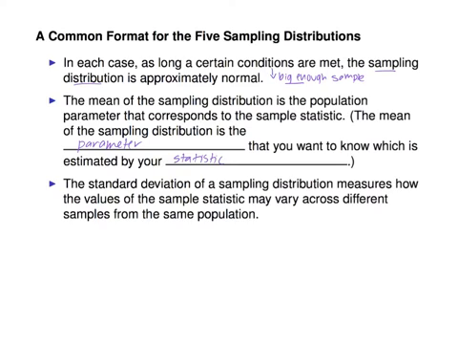And the standard deviation of a sampling distribution measures how the values of that sample statistic vary across different samples. I probably should have said of the same size from the same population. So it's saying how much variation would you expect in samples of this size if we did this experiment repeatedly?